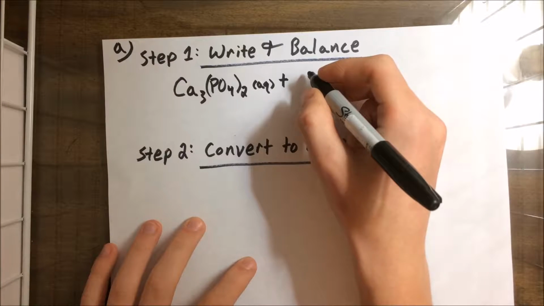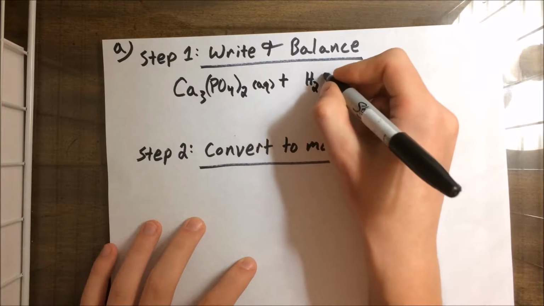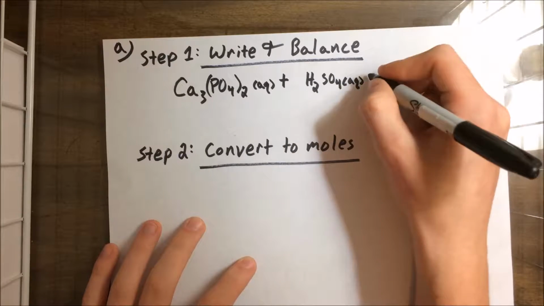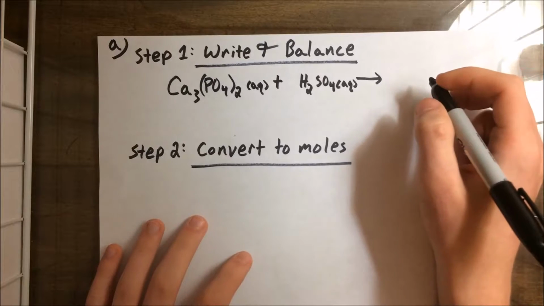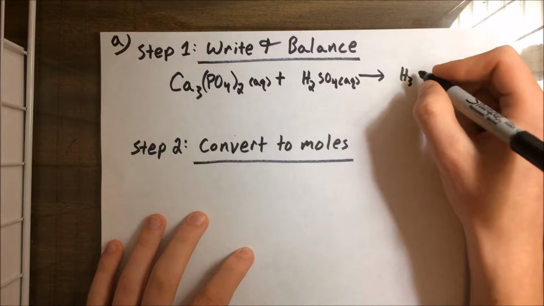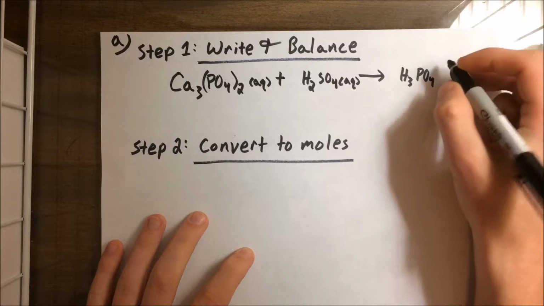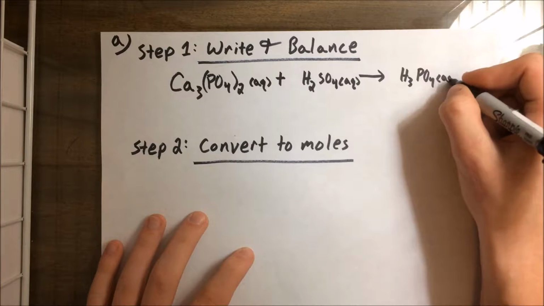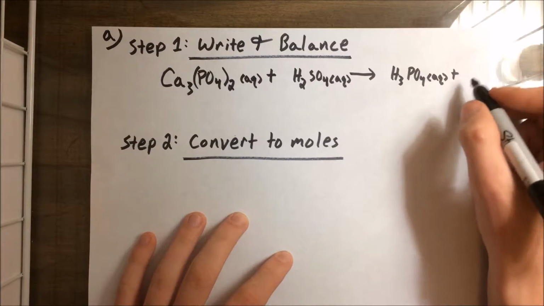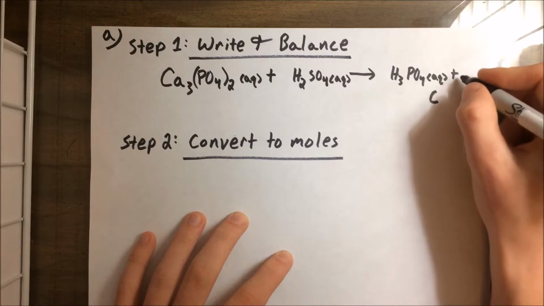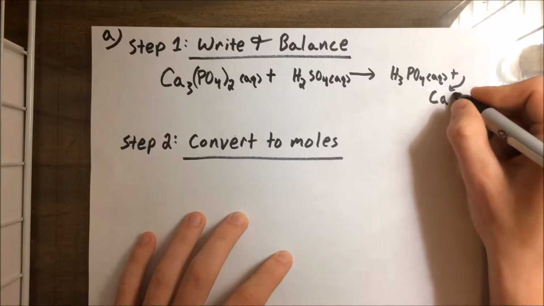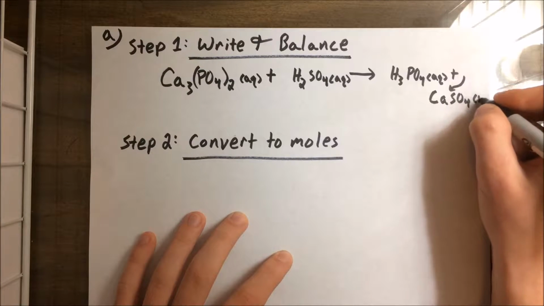Plus H2SO4 aqueous goes to H3PO4 aqueous plus CaSO4 solid.